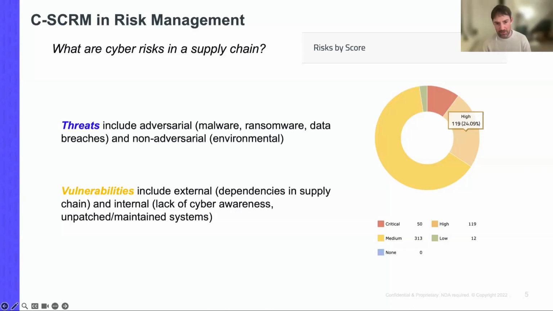But it's also thinking about any non-adversarial threats as well. So environmental-based risks and threats that could hamper the ability for a supplier to deliver its product or service. It's then also thinking about vulnerabilities and taking them into consideration when we're thinking about our current exposure, and what areas we need to be concerned about when we're thinking about the wider supply chain.